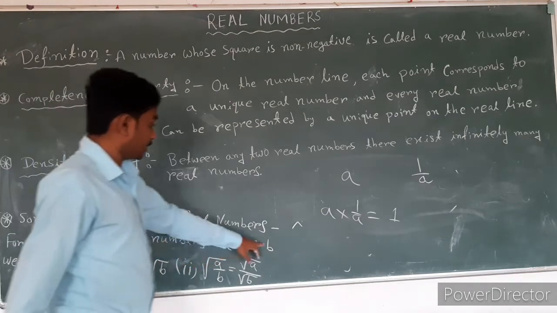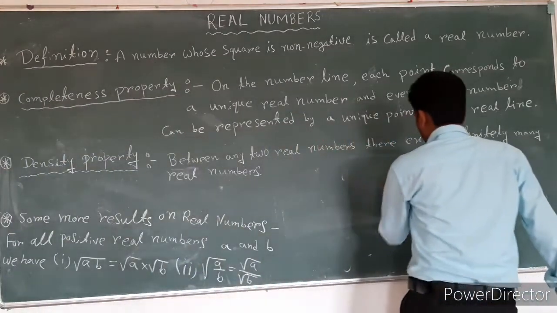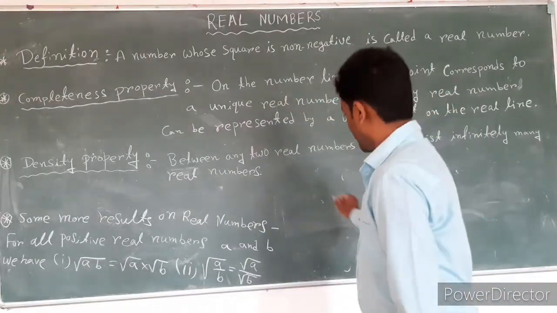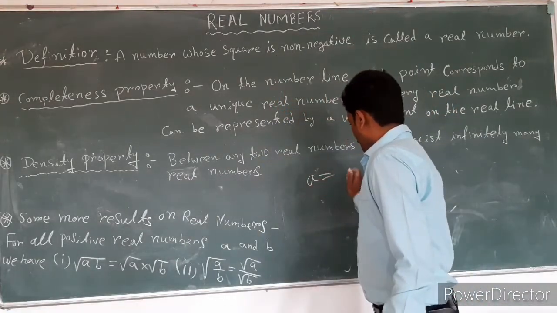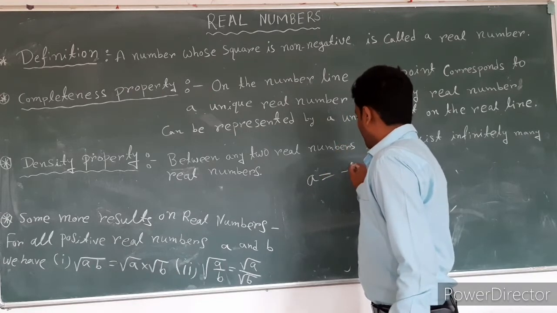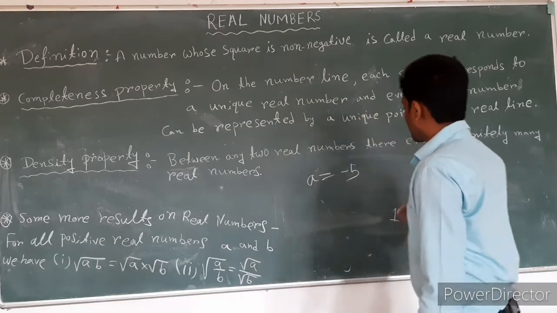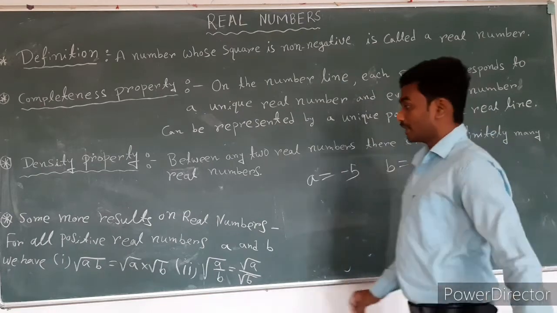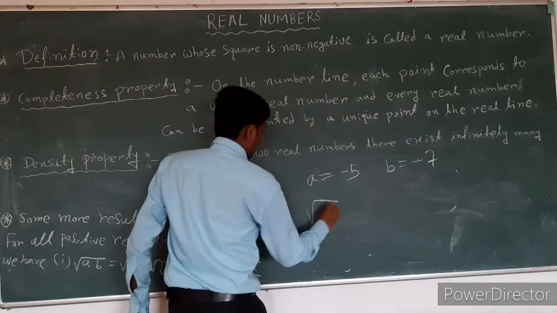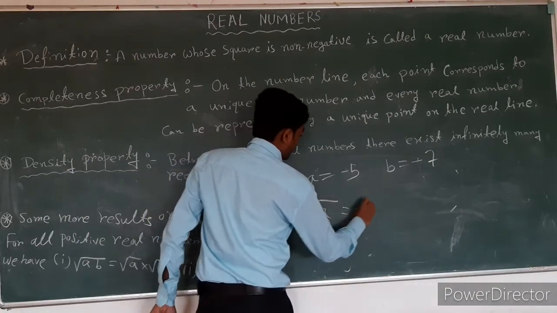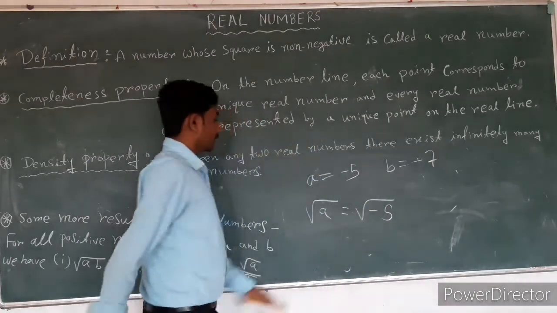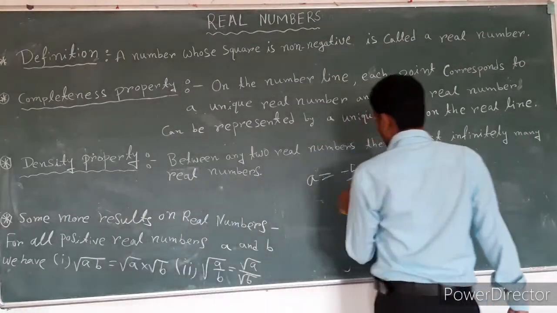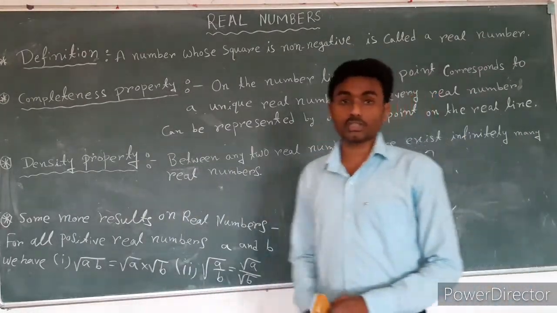If a and b are negative real numbers, then what will happen? Suppose a is equal to -5 and b is equal to -7, then root a is equal to root -5. This is not a real number, so a and b must be positive real numbers.